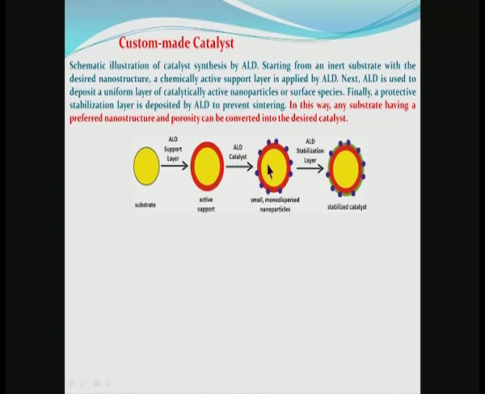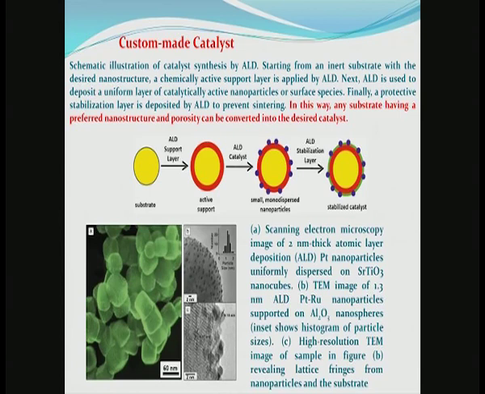And then the catalyst that we want, such as for example platinum, is coated on this. You can see that these platinum particles are coated by ALD and they cover this substrate over here. And then ALD is used again to stabilize this thin layer of the catalyst. So, you have 4 steps over here, and let us look at an example that illustrates what is being done.